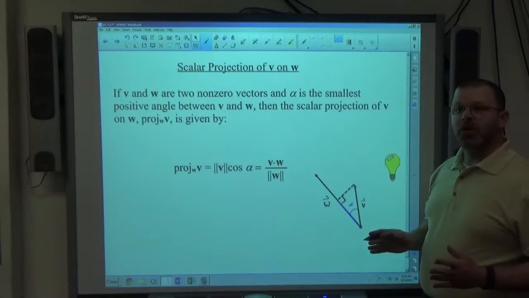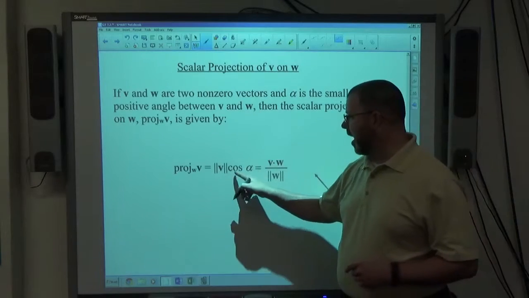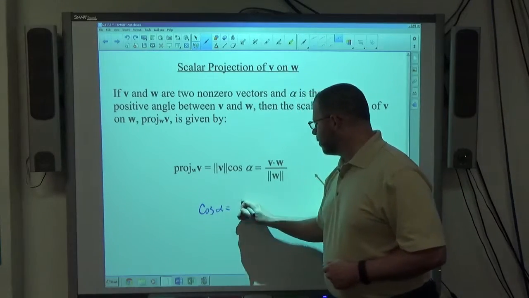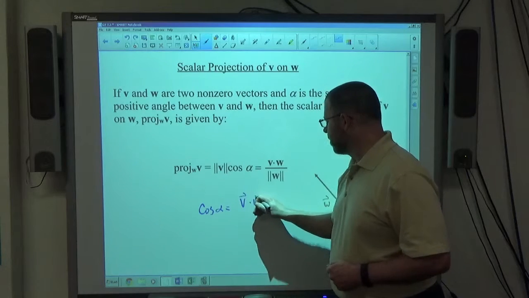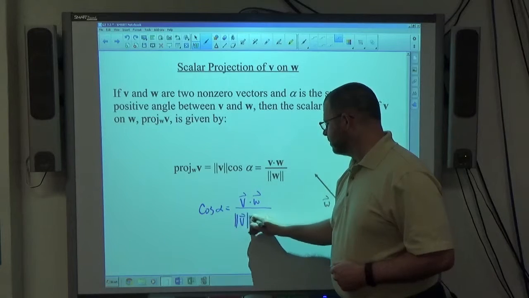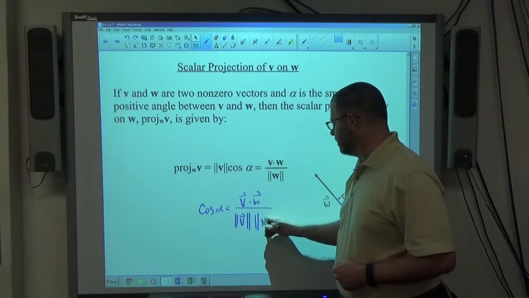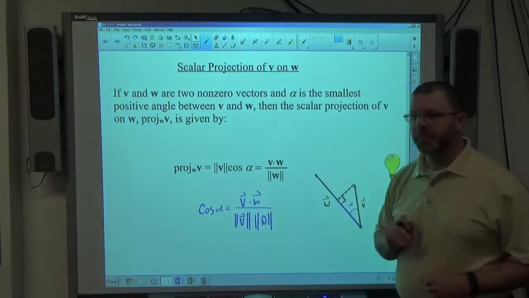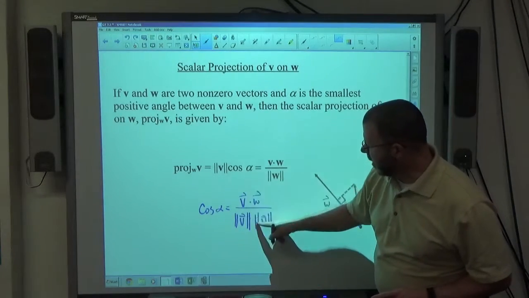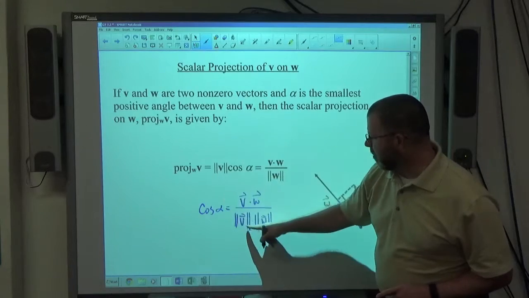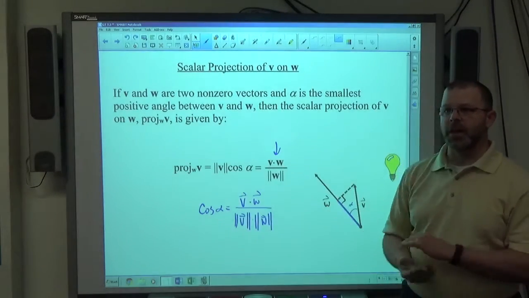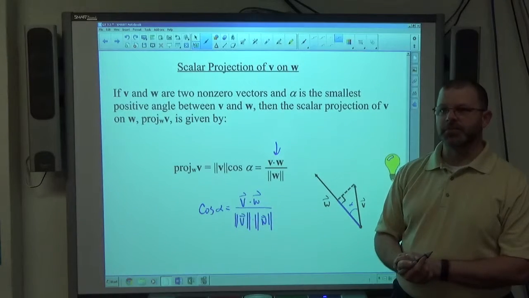Okay. You might recall yesterday we learned a formula that said the angle between the two vectors, cosine of alpha, is equal to V dot W over magnitude V magnitude W. Right? And you can see that if I were to put this expression right here, the magnitude of V on top, magnitude of V on bottom cancel, leaving us just with this formula here to find the actual length of that projection.